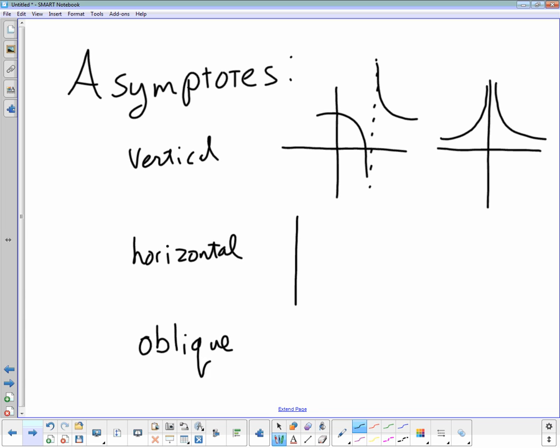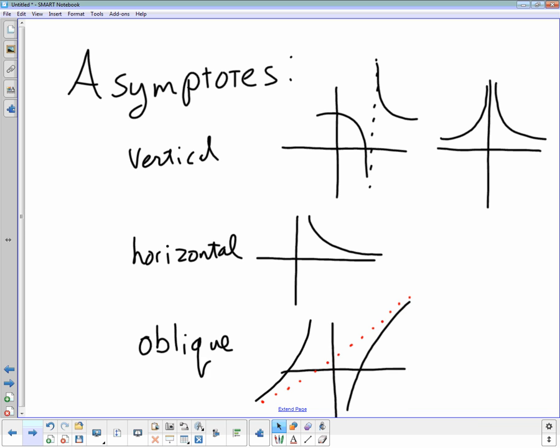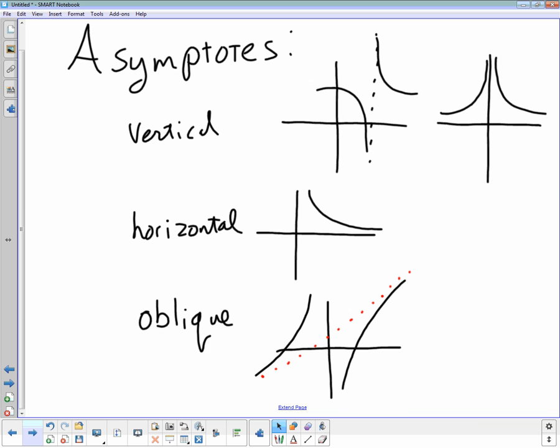Horizontals. And oblique. I think they're fun. Like that.